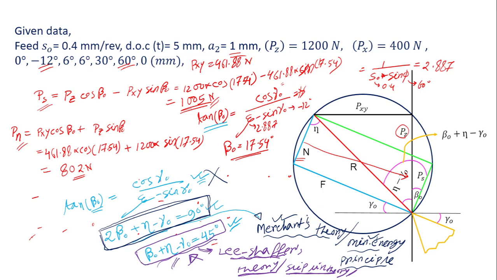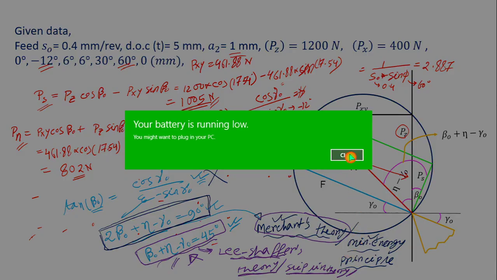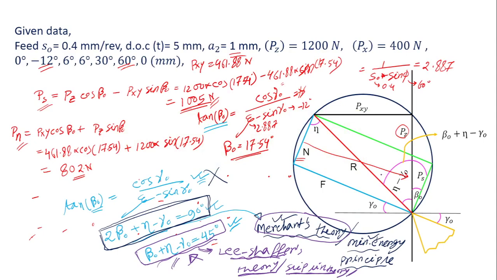Or if it is mentioned that we have to solve the question by Merchant's theory, or according to the minimum energy theory, then you can follow the equation 2 beta naught plus eta minus gamma naught is equal to 90 degree. Correct? So these two.